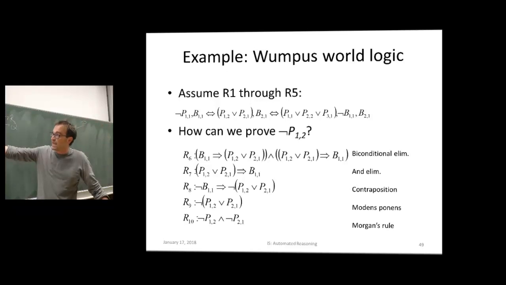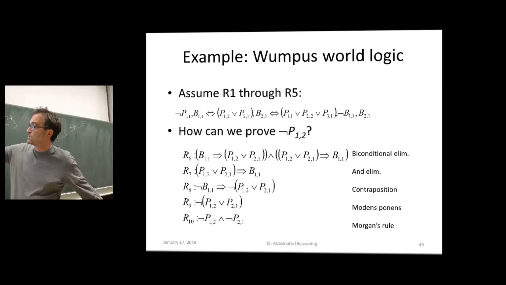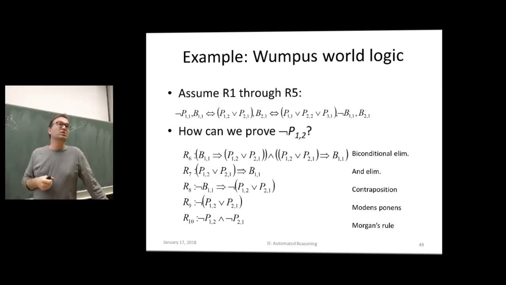And then we can do and-elimination again in order to show that not P12 is entailed by my knowledge base just by symbol manipulation. And this is exactly what we had to show.